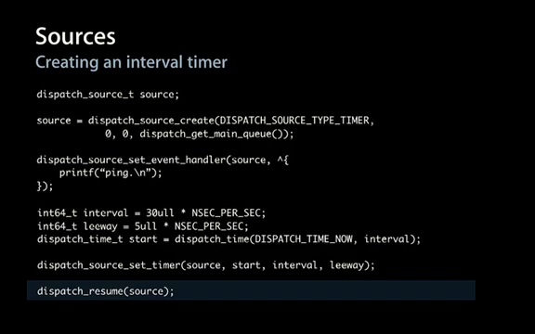And the reason we do this is that it gives you the flexibility to do things like set the timer, set the event handler, set the context, any of these other attributes. There's not going to be a race condition. It's not like the event's going to fire right away, and you haven't yet quite finished setting up all the context. So this lets you set up everything that needs to be set up, and resume it when it's finished. You know it's fully configured, everything's consistent, and we've avoided all race conditions.